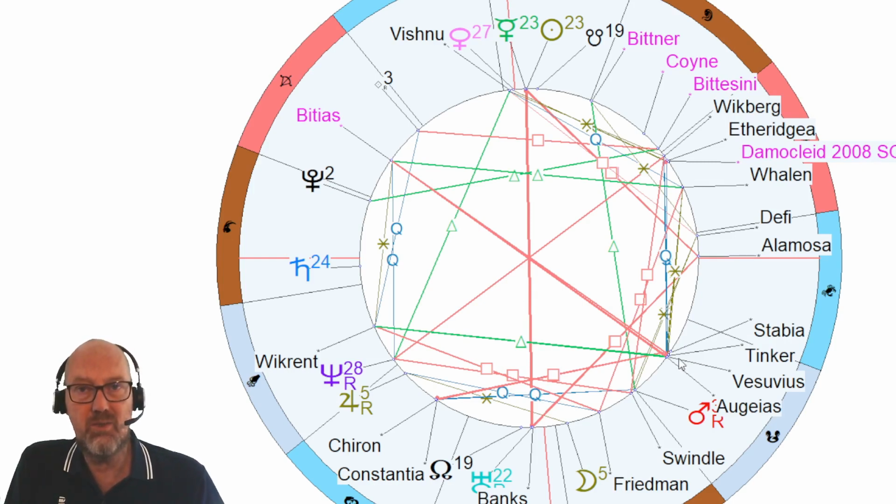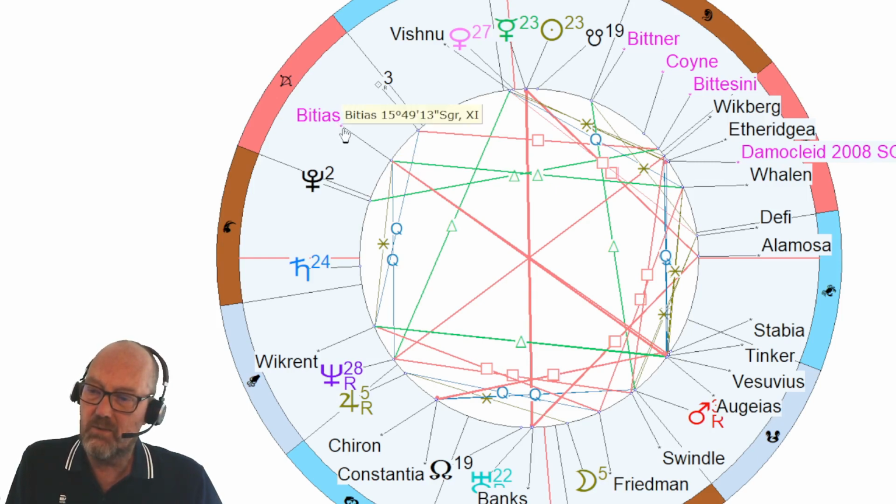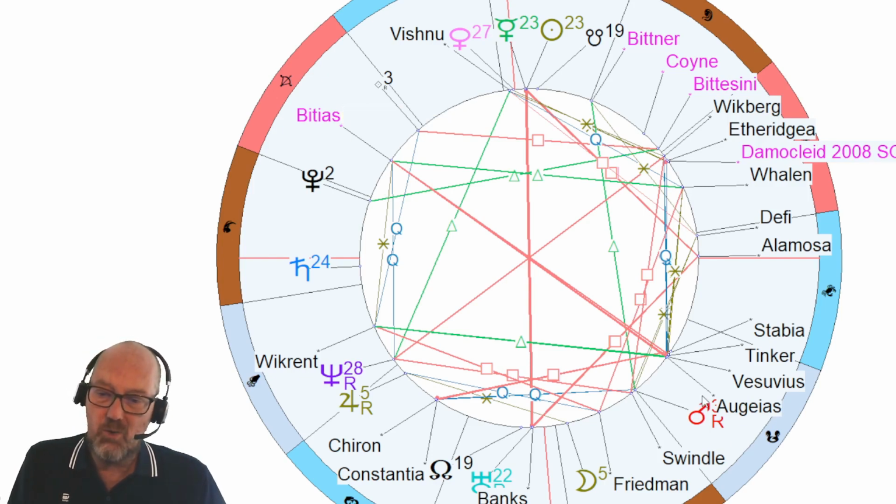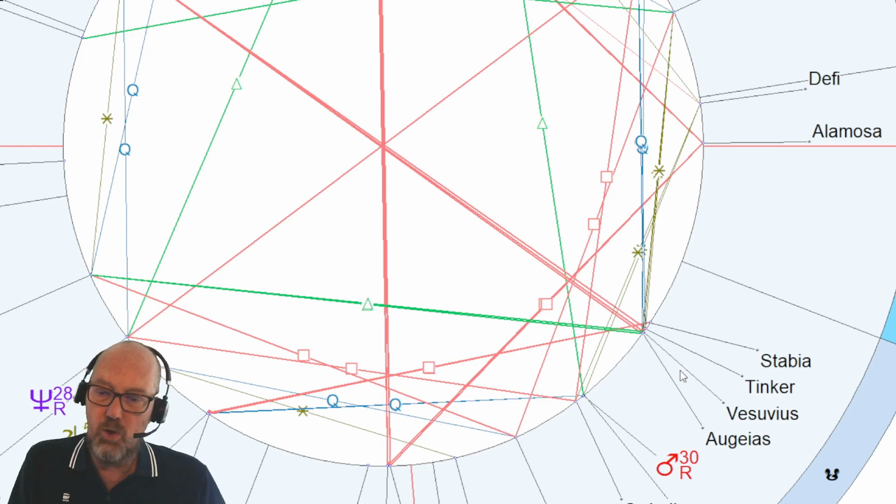If that is relevant, then that must mean that Bitias is also important in this chart. So I look at the degree, it's 15.49 Sagittarius, so I go to the opposite place, and what do I find there?